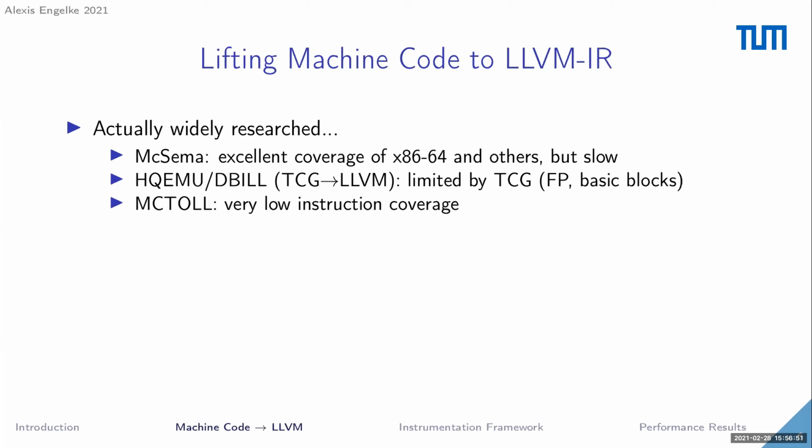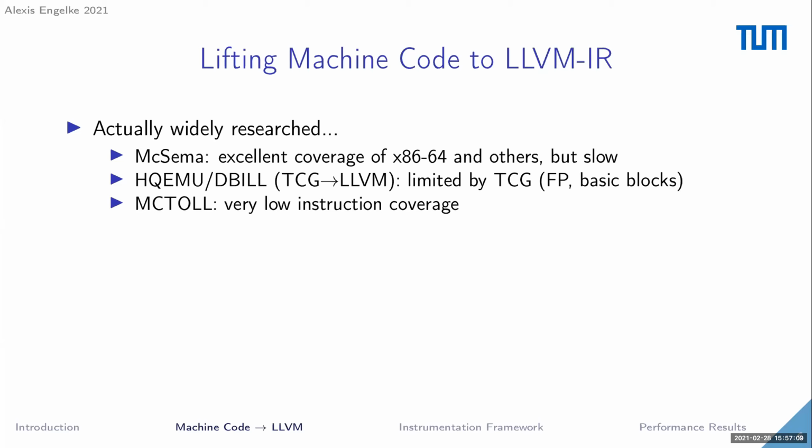The other working lifter with good support is implemented in HQEMU. What they do is they first go to TCG, which is the architecture independent code representation from QEMU. So we use QEMU to lift it to its TCG intermediate representation, and from there go to LLVM.